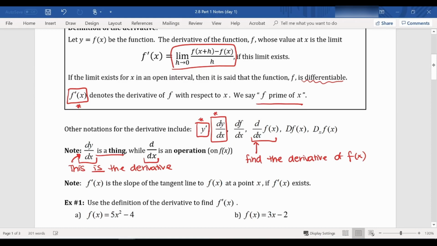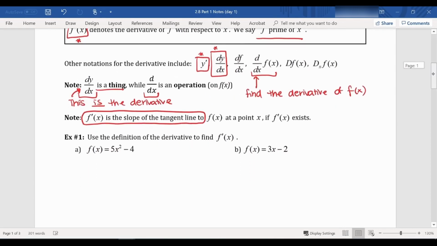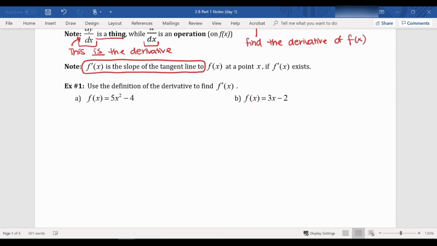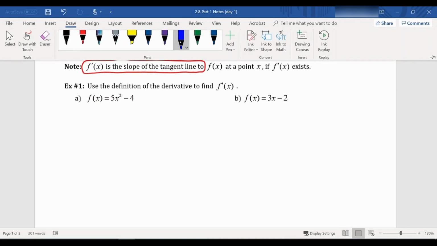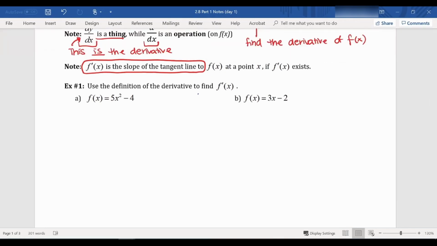It's like an instruction. So again, f prime of x is simply the slope of the tangent line. That's all this is. So if I am asked to find f prime, really what I am being asked to find is the slope of the tangent line.